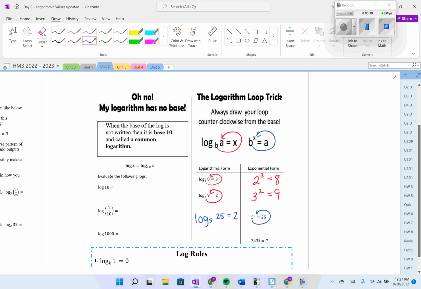For this next one, same thing. Log base 343 of 7 is equal to the exponent 1/3. And that is how we go from logarithmic form to exponential form. So let's go back to our notes.